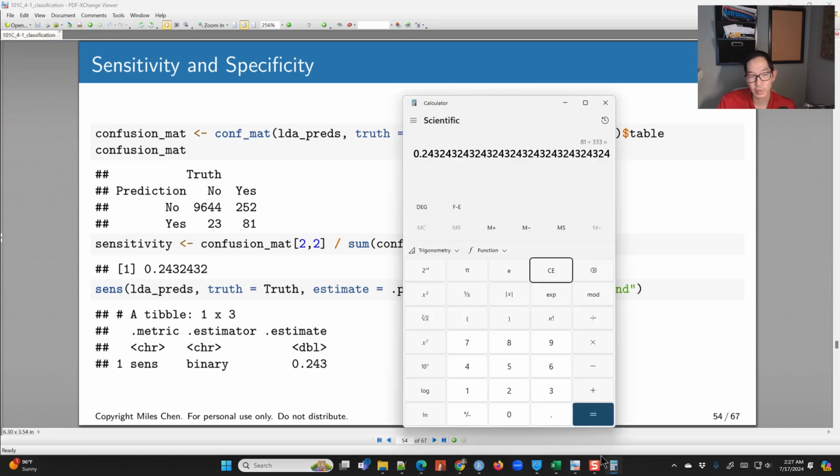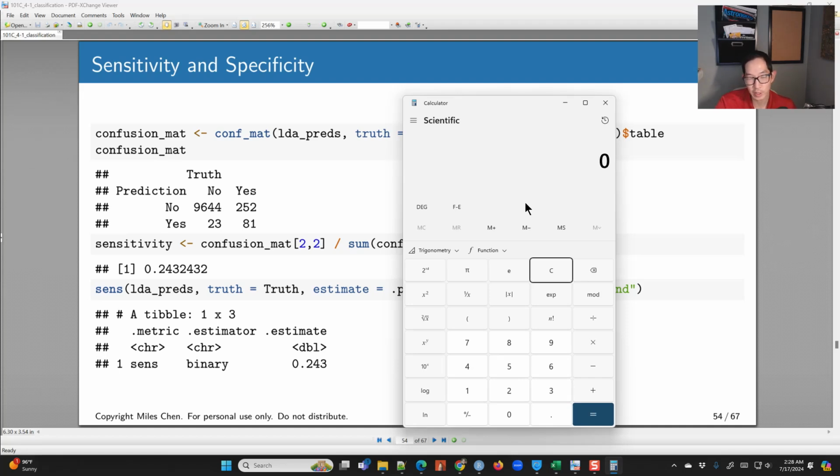False positives is basically where the truth is they did not default, but we made the mistake of thinking that they would default. So we had 23 false positives.